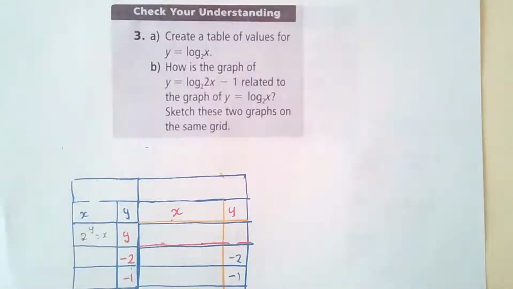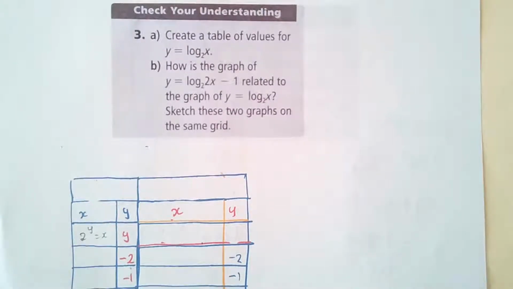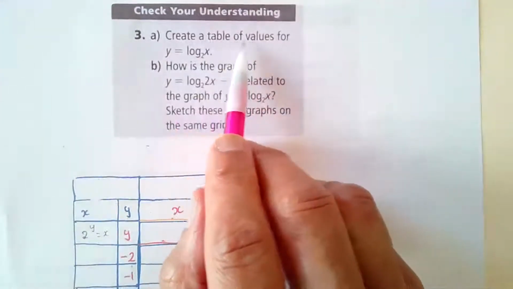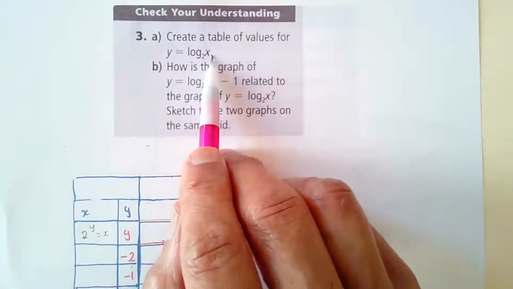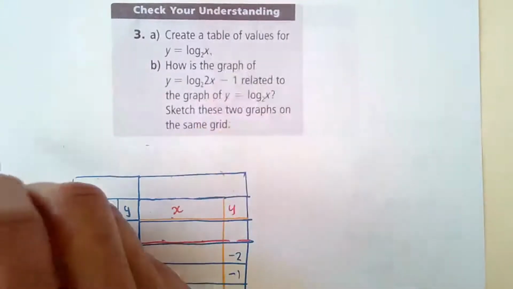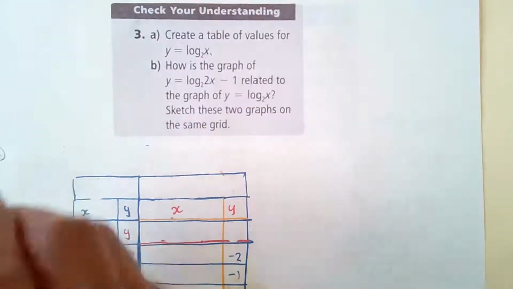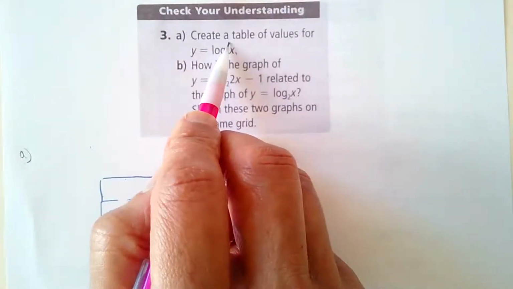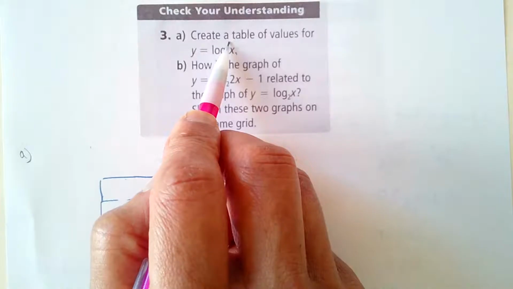In lesson 1, they asked you to create a table of values for log base 2 of x. So the step for part A is to write the log as an exponential.